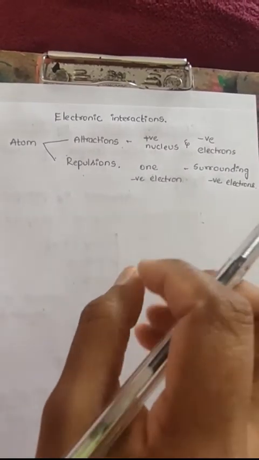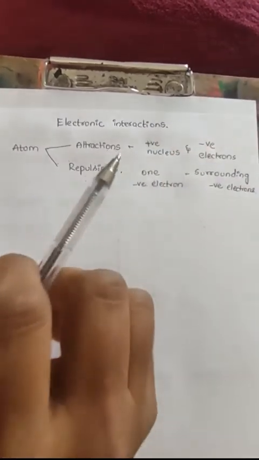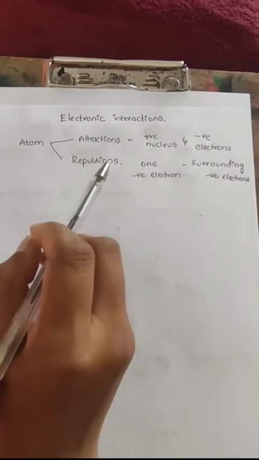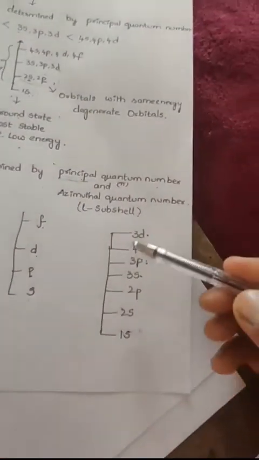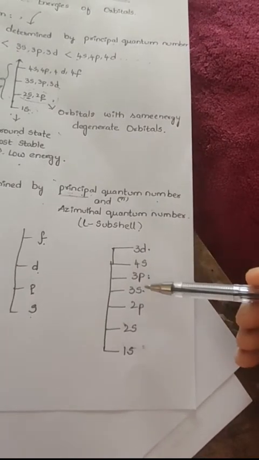As the charges are the same, they get repelled, and as the charges are opposite, they always tend to attract. Due to these types of electronic interactions, we can see splitting of energy levels.